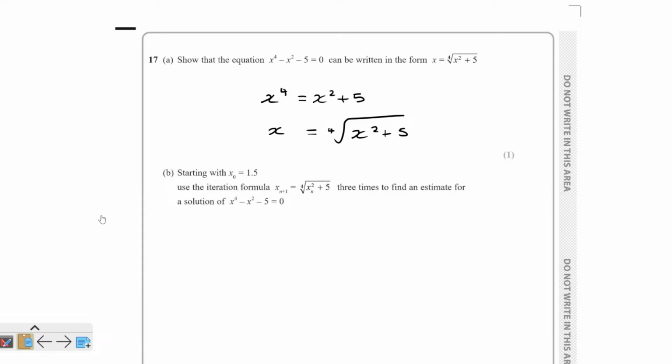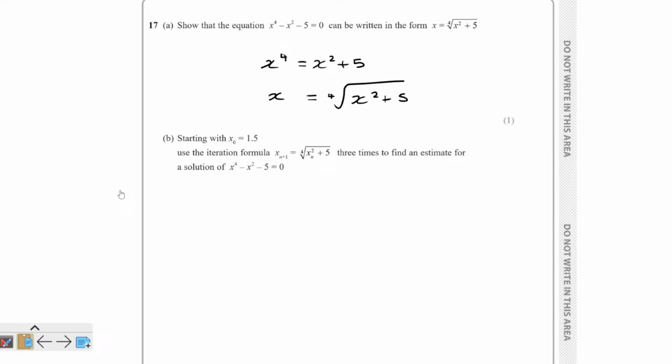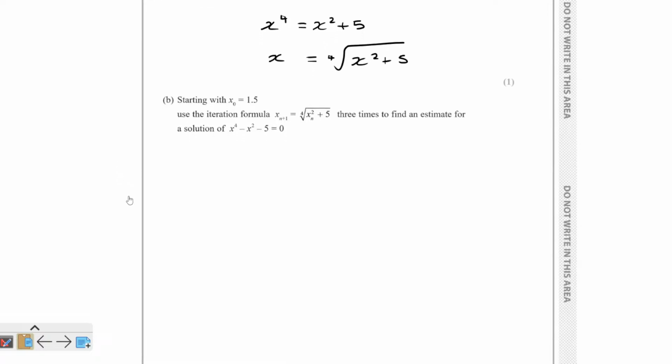And then part B is now what hopefully you can clearly see as iteration. They've said starting with x0 being 1.5, use the iteration formula xn plus 1 is equal to the fourth root of xn squared plus 5, 3 times, to find an estimate for a solution of the original equation, x to the power of 4 minus x squared minus 5 equals 0.